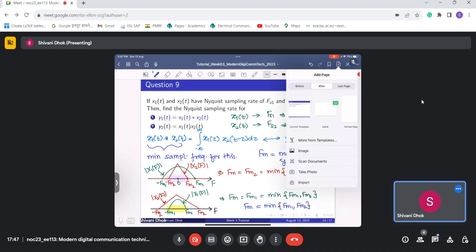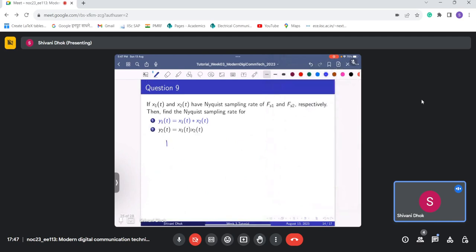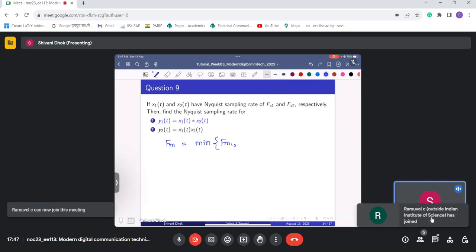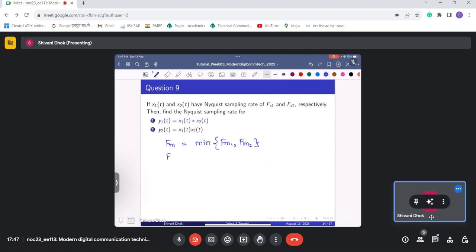So the maximum frequency fm is the minimum of fm1 comma fm2. By the Nyquist sampling theorem, the minimum sampling frequency fs is 2 times fm, which is 2 times the minimum of fm1 comma fm2.